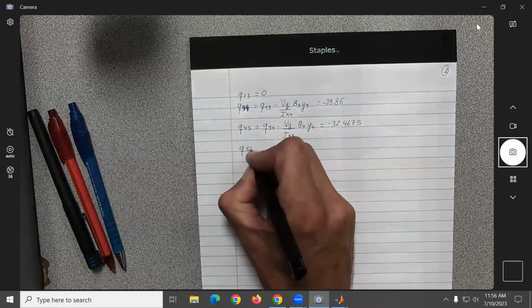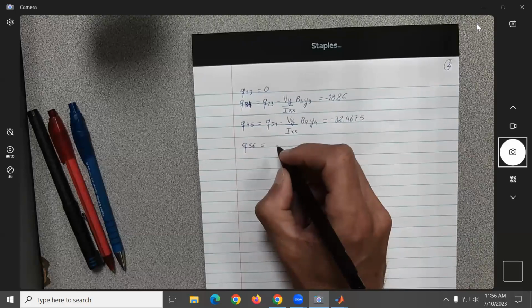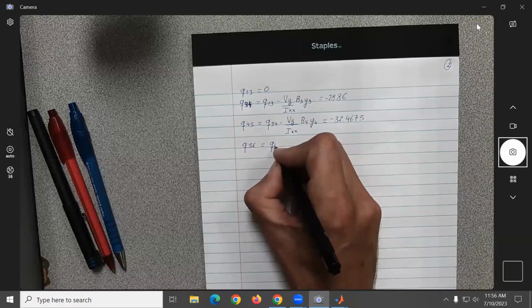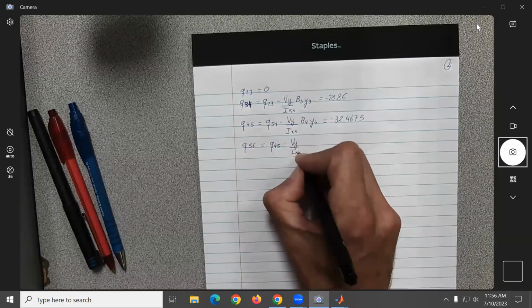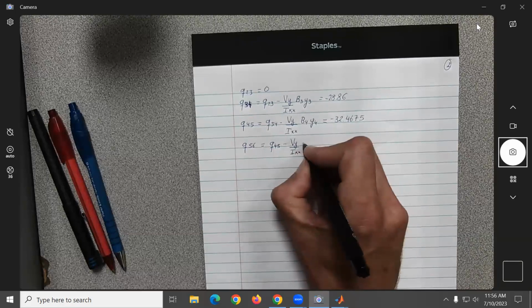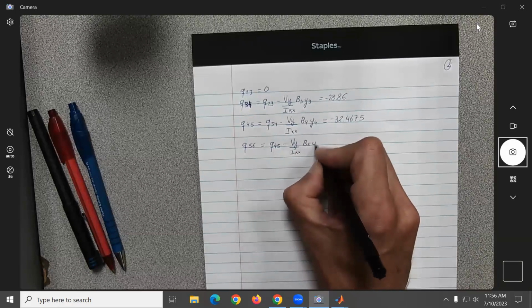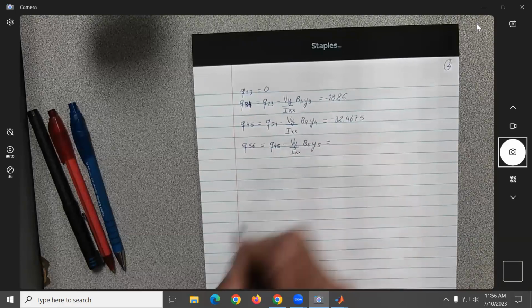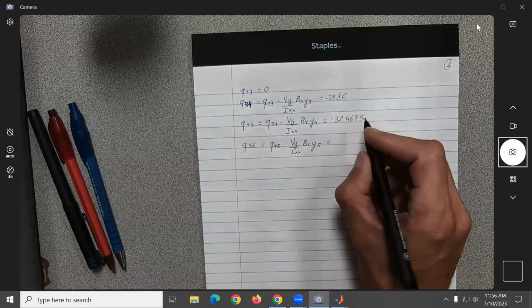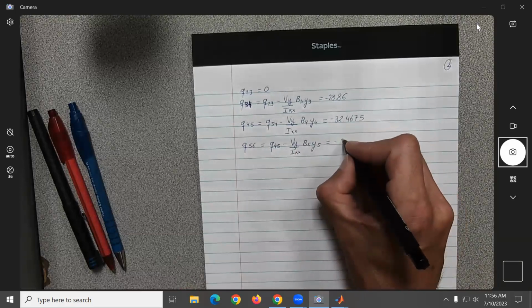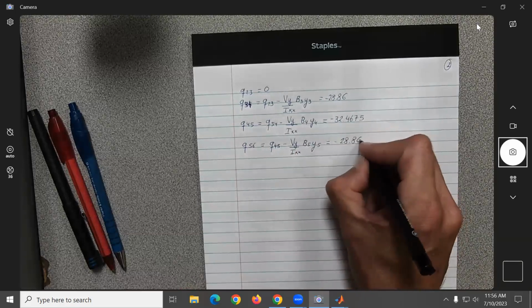Then Q56 is equal to Q45 minus Vy over Ixx B5 Y5, so that one should be equal to the 3/4, so minus 28.86.